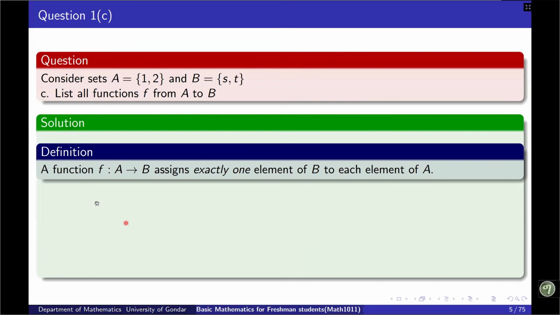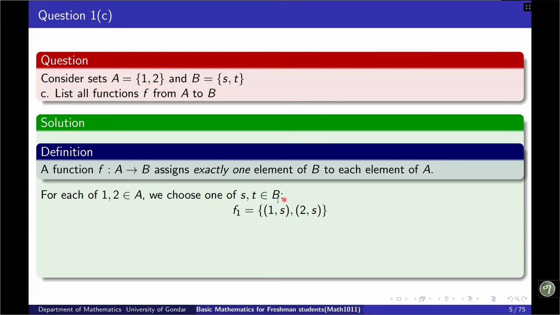That means a function f, which maps from A to B, assigns exactly one element of B to each element of set A. For each element of set A, there must not be an element which is left without a mapping in the first set A. So based on this criteria, for each of 1 and 2, which are elements of A, we must choose one of these two, either S or T, which is an element of B.